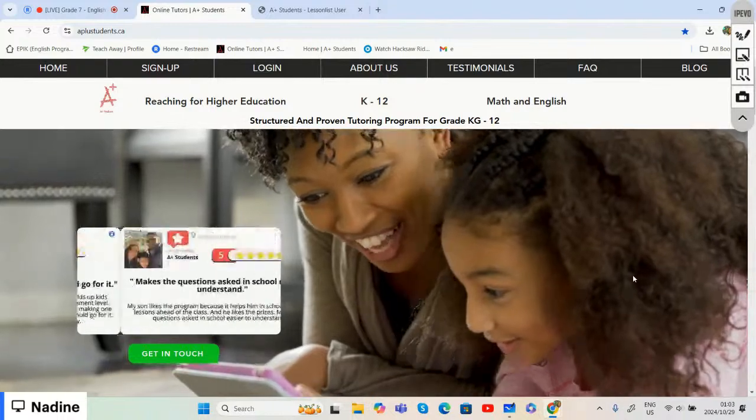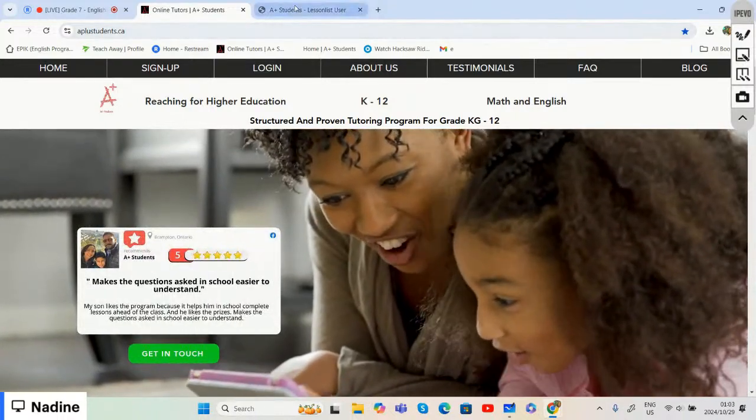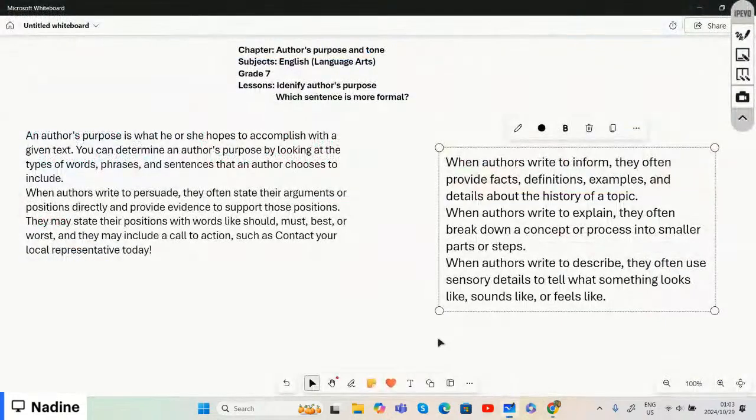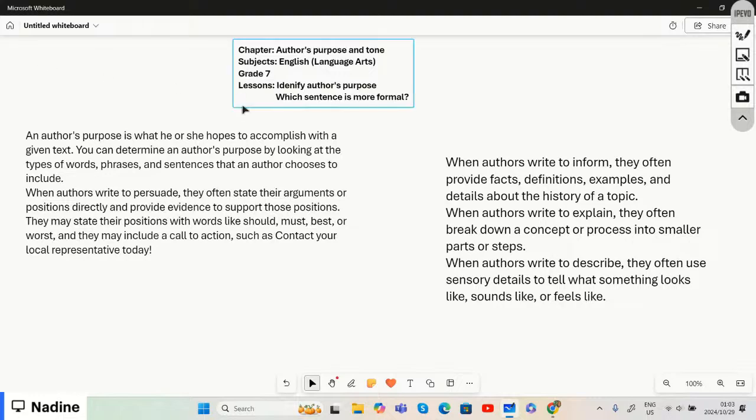All right. So we said that our chapter is author's purpose and tone. Our subject is English Language Arts. We're doing grade 7.